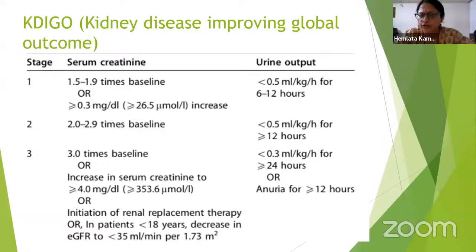Yes. What about colloids? What is the take on colloids in such cases? Colloids themselves are a cause of AKI, and they can actually worsen the acute kidney injury present in the patient. So as of now, crystalloids are better than colloids, especially hydroxyethyl starch. Crystalloids are the preferred resuscitation fluids now. How about blood? Blood transfusion is itself a cause of AKI, but still it can be given if there is excessive bleeding, ma'am.